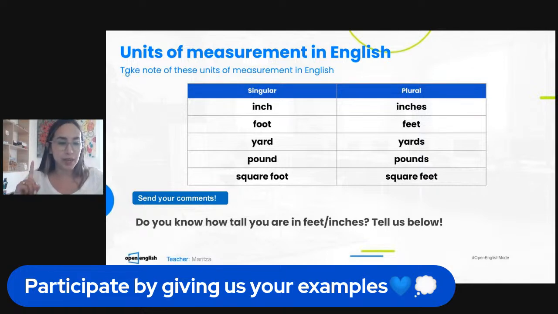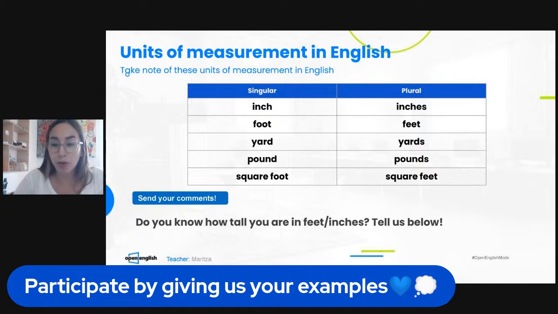And last but not least, when we talk about especially houses or buildings, we say square foot or square feet. For example, my apartment is 700 square feet. I'm talking about how big my apartment is. It is 700 square feet, for example.